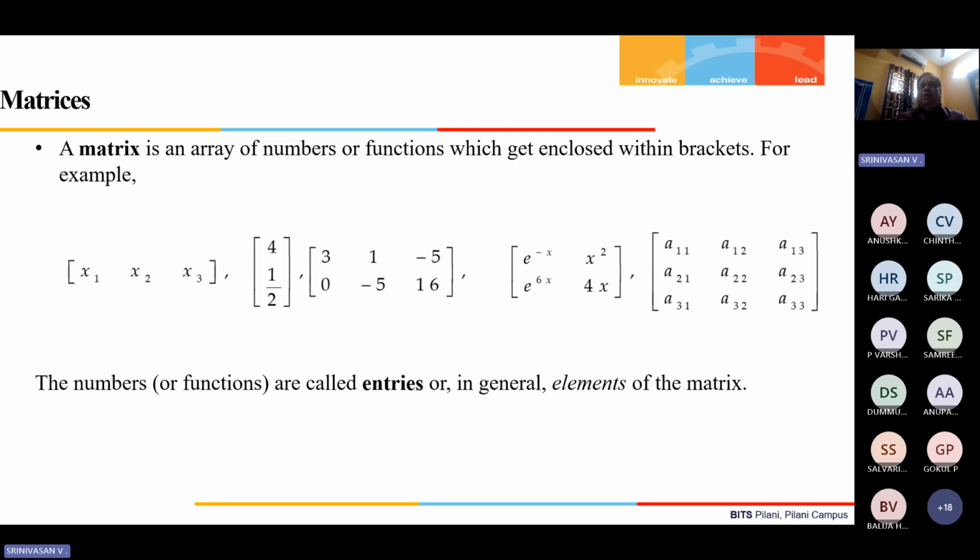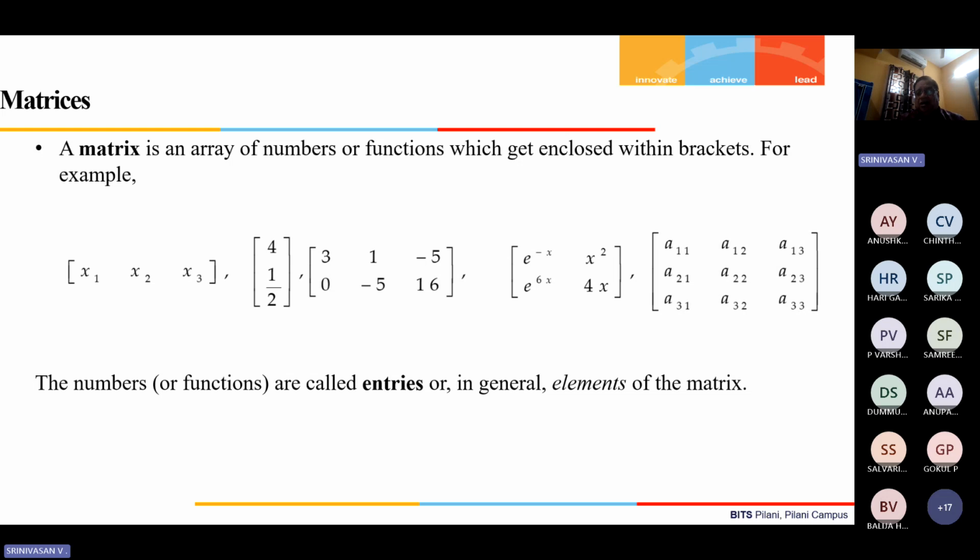And in particular, we can also refer to them as entries of a matrix, as I just mentioned, such as A11, A12, A13, because the matrices are going to be generally represented by capital letters, uppercase, that is capital A, capital B, capital C, etc. And the elements, entries for capital A, normally we will put small a, with subscripts i, j.